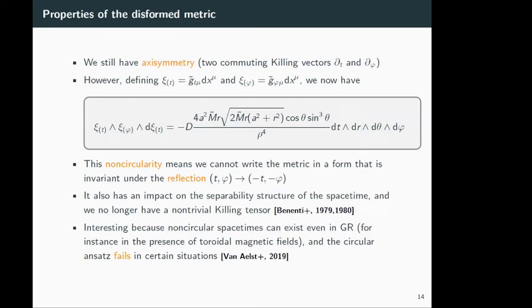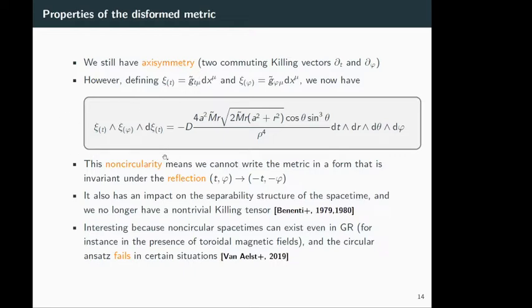Now, a very important property, which I kind of hinted at a few slides ago, is that we still have axisymmetry. You may remember the line element still doesn't depend on time and phi. So we still have the two vector fields dt and d phi. However, now when we calculate this wedge product, so by the way, this is to answer the previous question, what I call this one form is actually just this contraction with the metric.